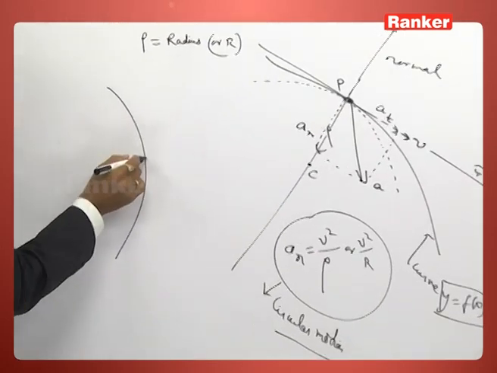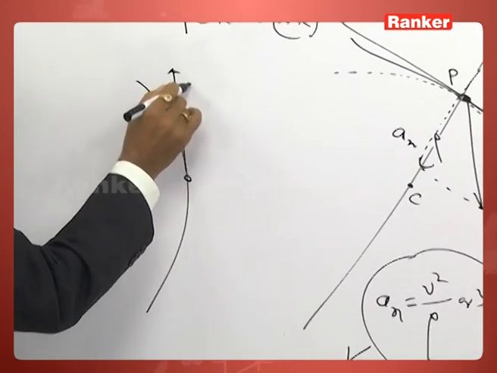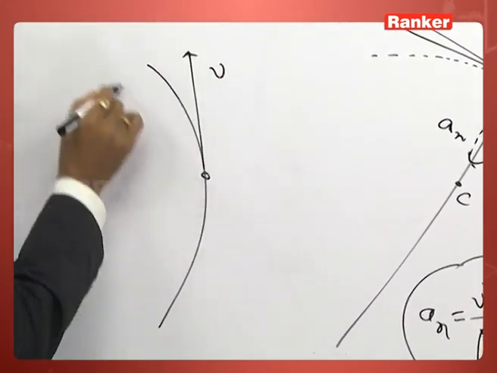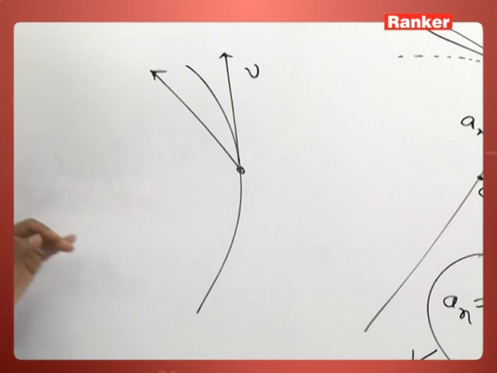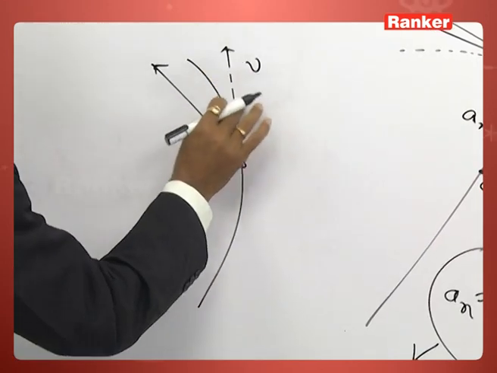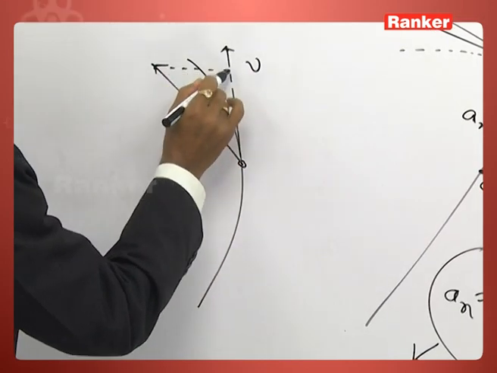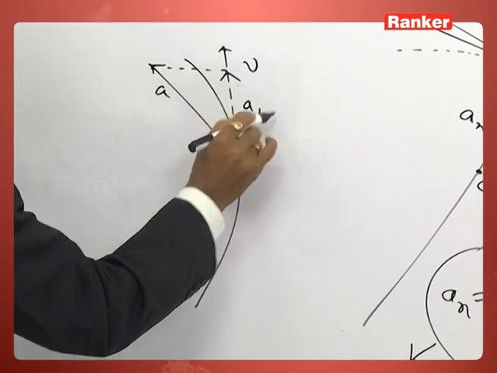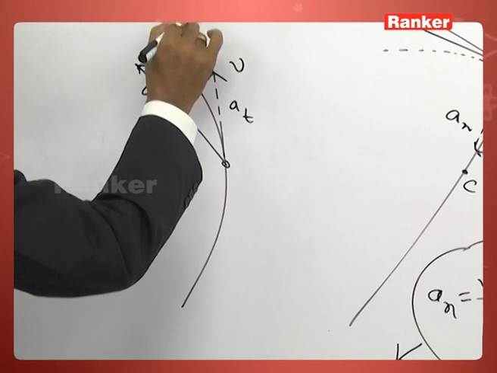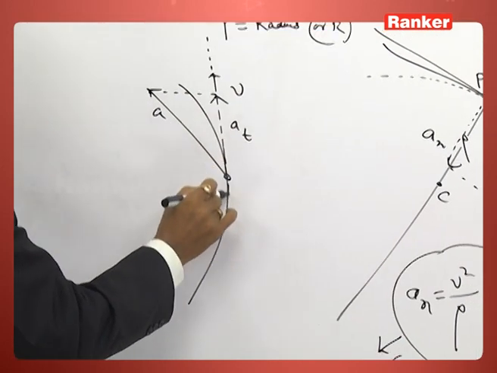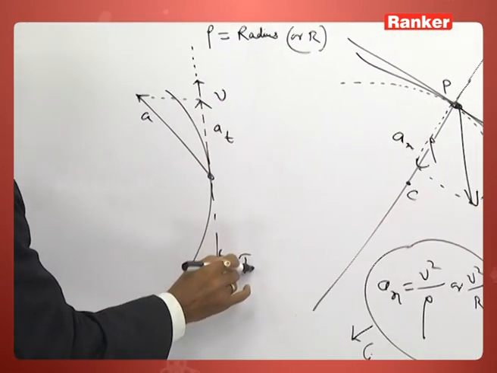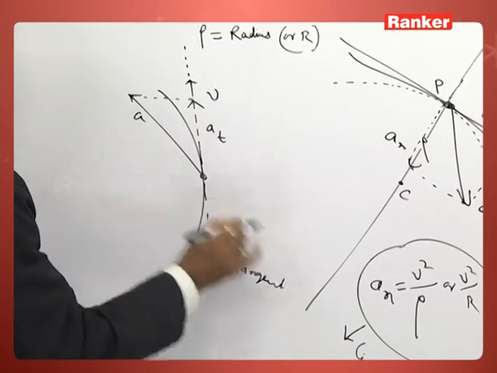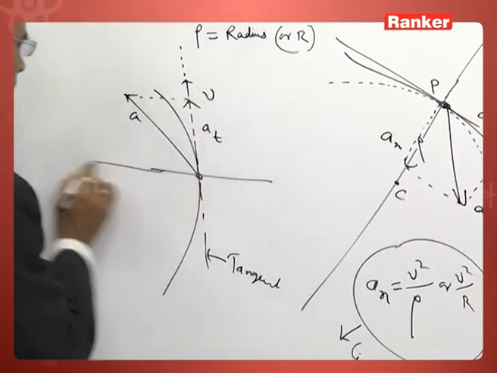When a particle moves in a circle, say with velocity v, with some acceleration a, you take the component of acceleration along the velocity, you get the tangential acceleration because this is the tangent. This is the tangential direction, this is the tangent. Then you can draw a normal.